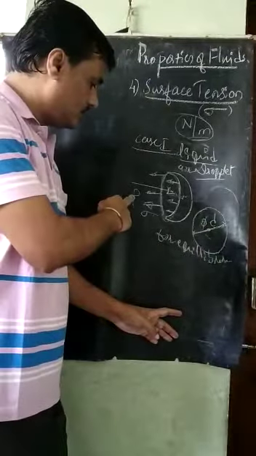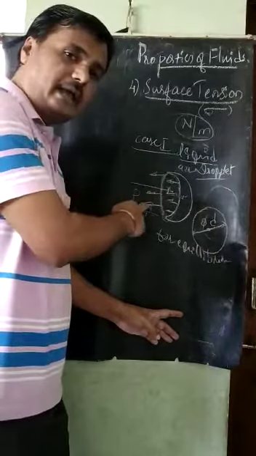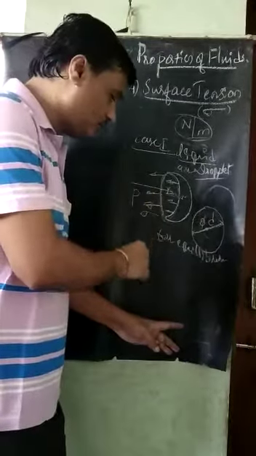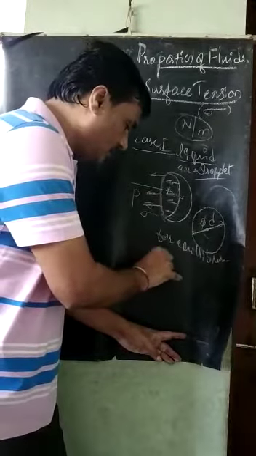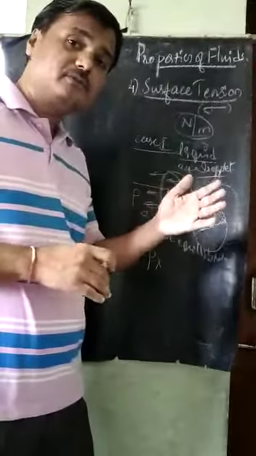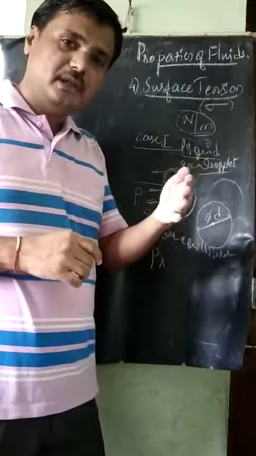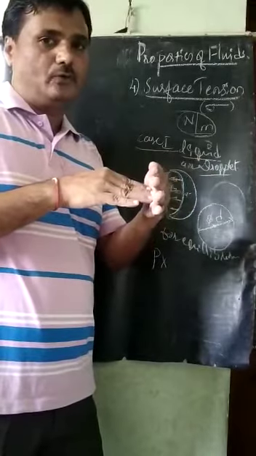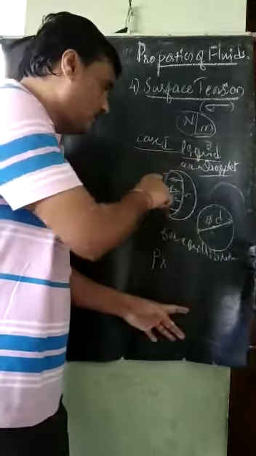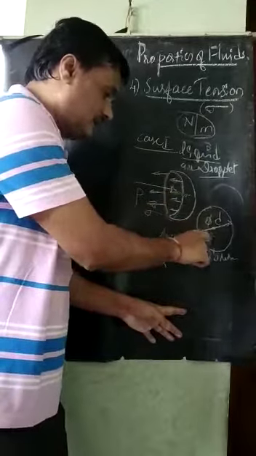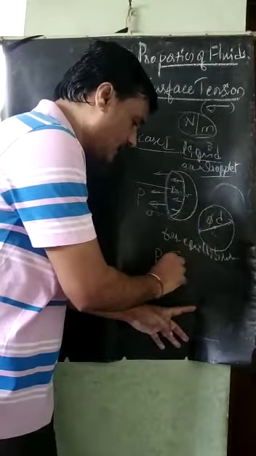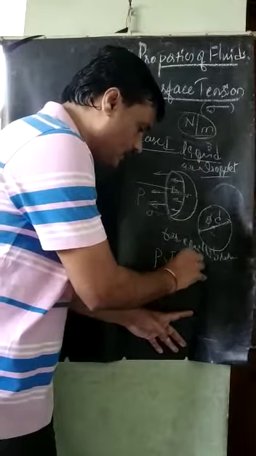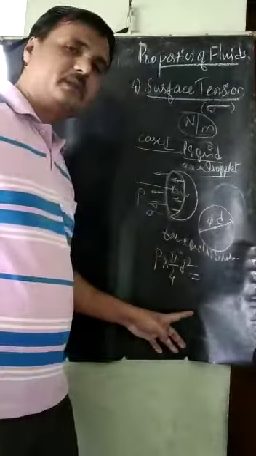the first one is the force acting by the pressure. The pressure force is the pressure times the area on which it acts. The area is the area perpendicular to the force, which is a circle. The area of the circle is pi by 4 into d squared.